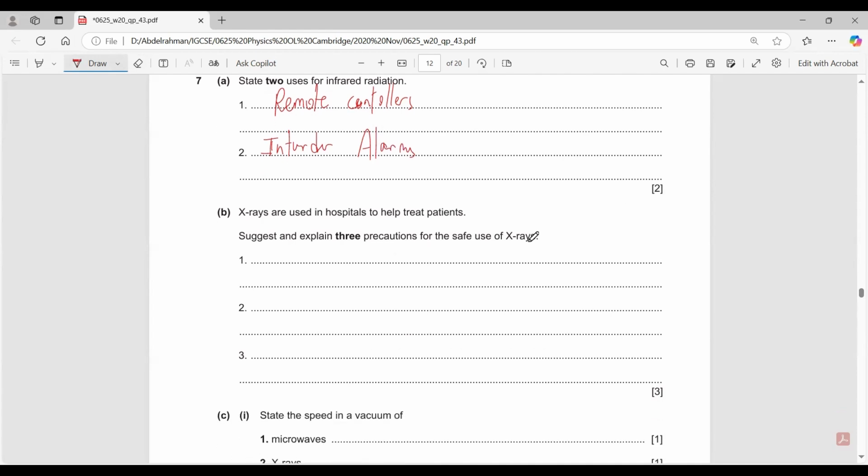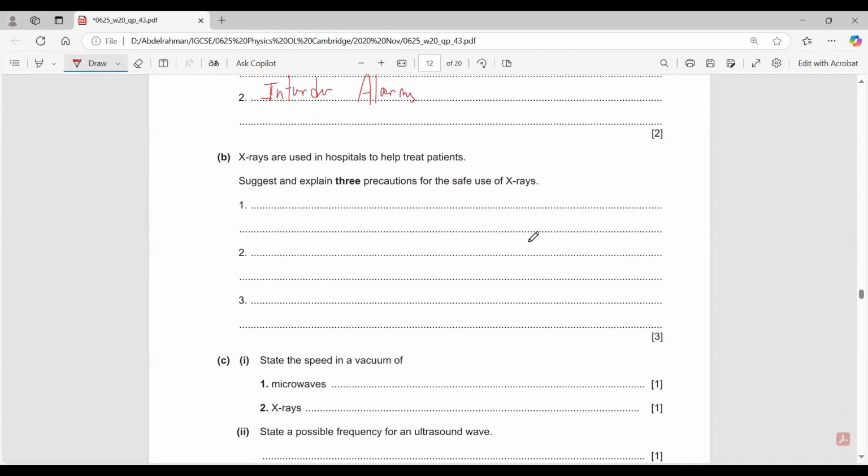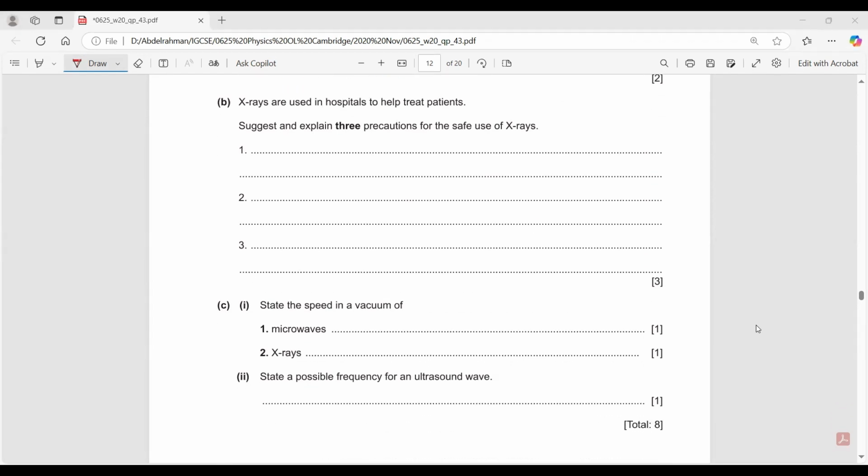X-rays are used in hospitals to treat patients. Explain three precautions for the safe use of X-rays. We have very simple precautions. First of all, you need to use some sort of protective barrier. Yes, shielding. So let's write down the shielding or protective barrier. What else?